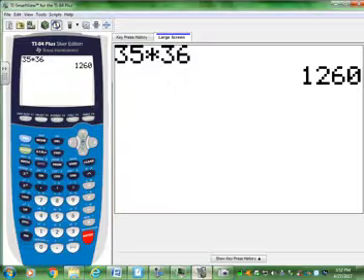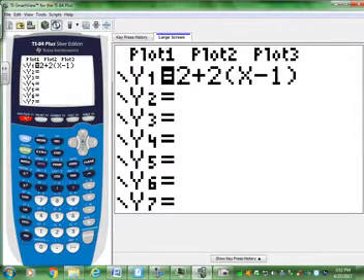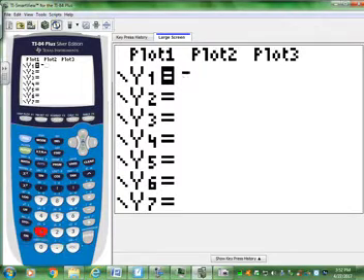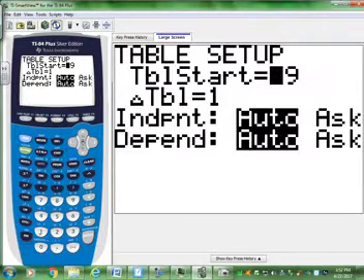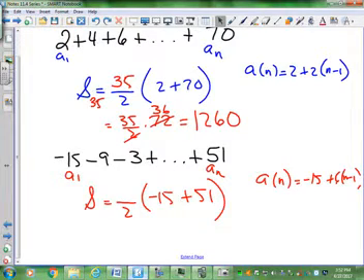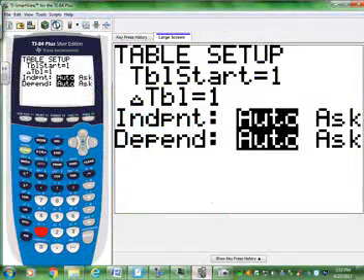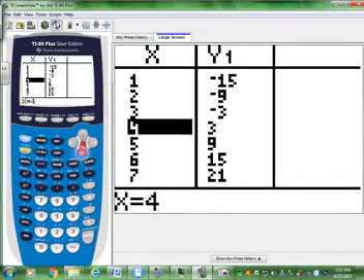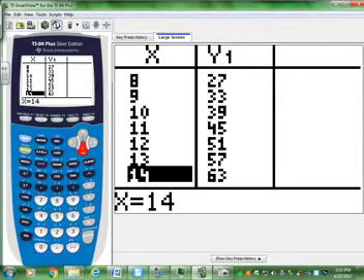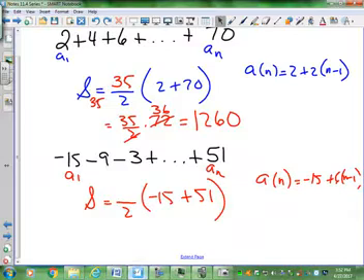So I go to the calculator, type that in, y equals -15 plus 6 parentheses x minus 1 parentheses. I go to table, start, and tell it to start on 1 again. I forgot what number I'm looking for. I'm looking for 51. So I go to table and look for 51. And 51 is 12. So I come back and put a 12 in.